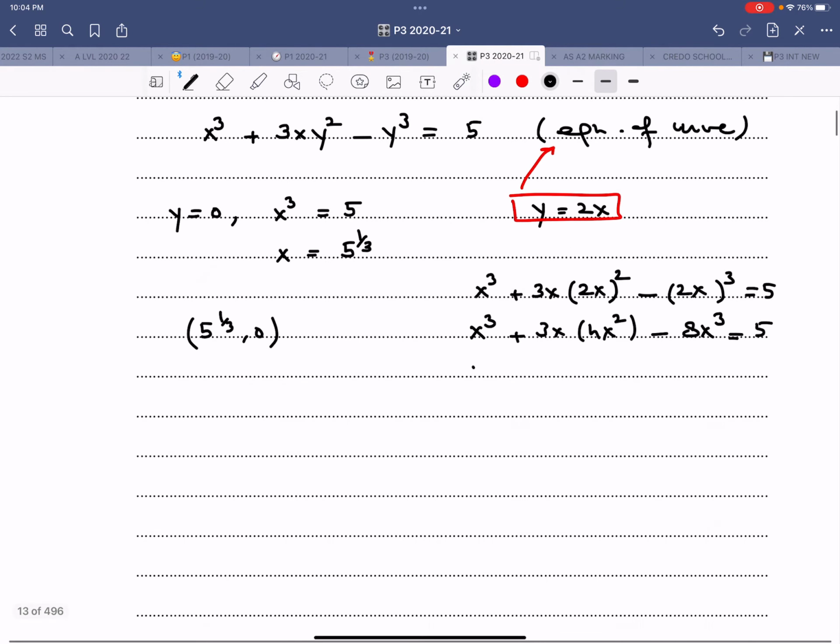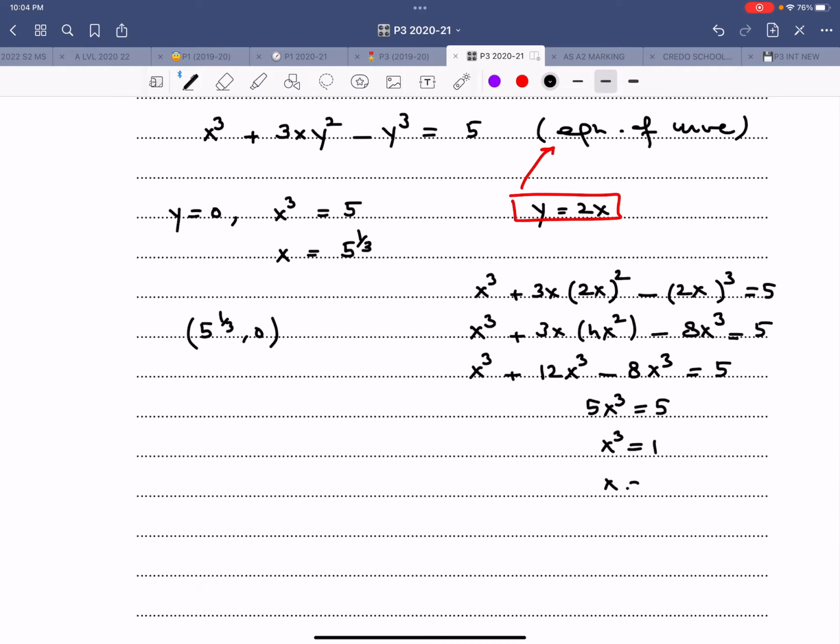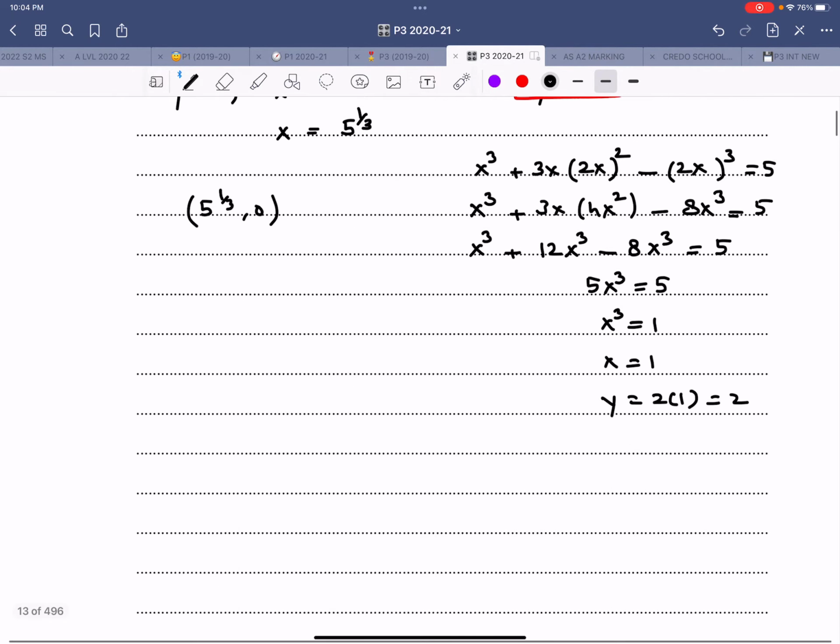So therefore this is x cube, 4 times 3 is 12 x cube, minus 8x cube equals to 5. So many cubes. So 13 minus 8, that is 5x cube is 5, x cube is 1, therefore x is 1. When x is 1, y is equals to 2 times 1, which is 2. Therefore the coordinate is 1 comma 2.